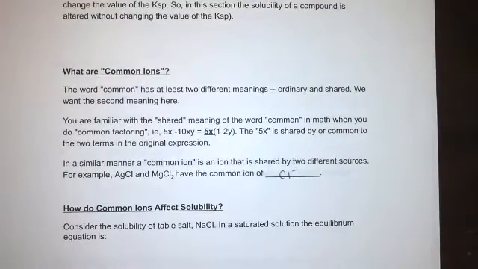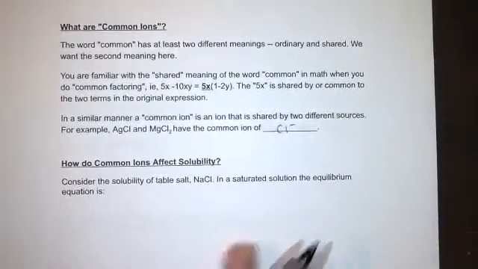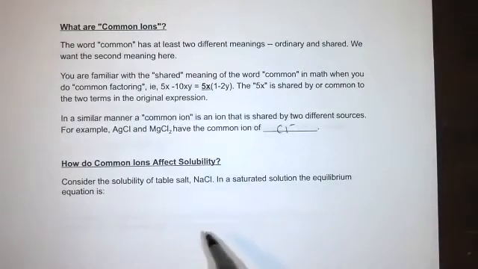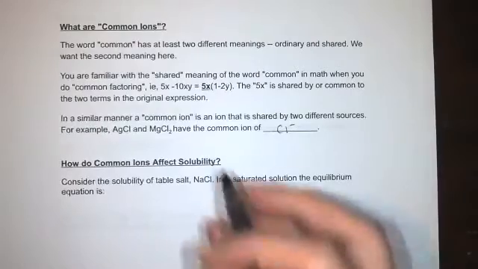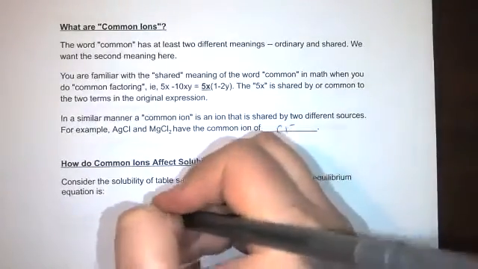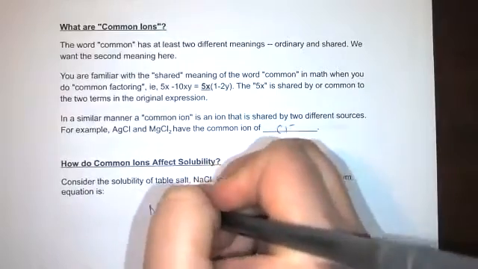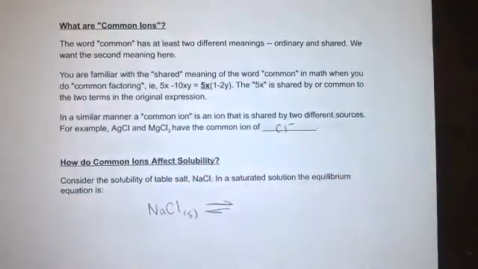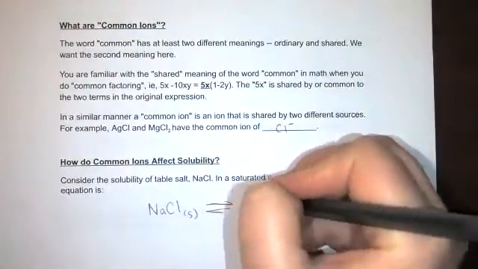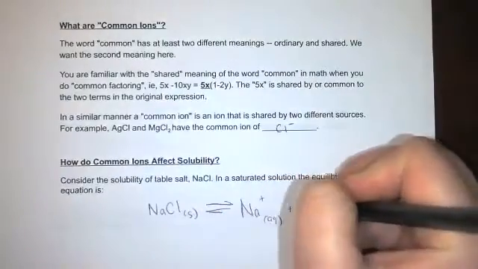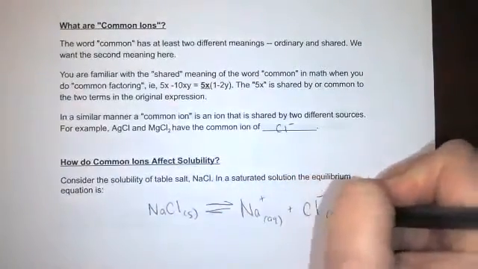So let's look at how these can affect solubility. So we're going to be considering the solubility of just regular table salt, sodium chloride. So in a saturated solution, our equilibrium is going to look like so. We'll have our sodium chloride solid that's being dissociated into sodium and chloride ions.